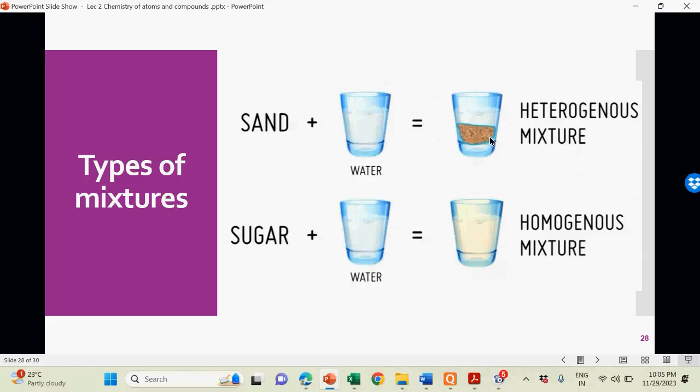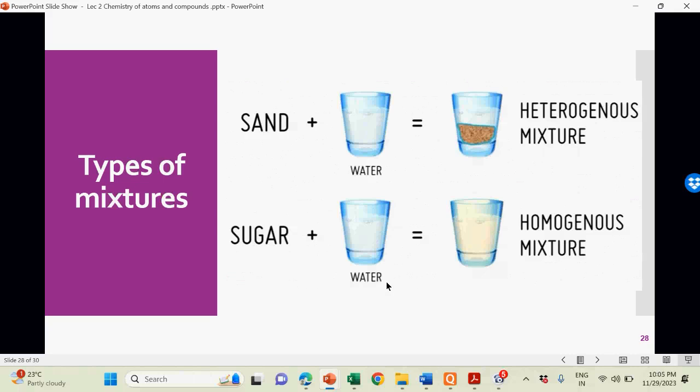Because it's completely different and very obvious, not miscible with each other, let's talk about this miscible combination. The sugar in water will form a homogeneous mixture of water and sugar, regardless of the amount or the ratio of the molecules. You can have 10 moles of sugar, glucose, in 100 liters of water or 1 liter of water.